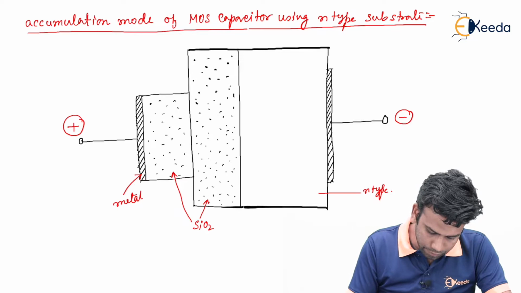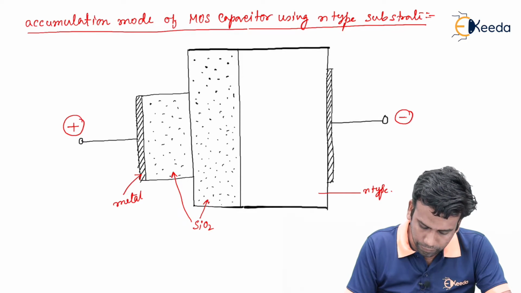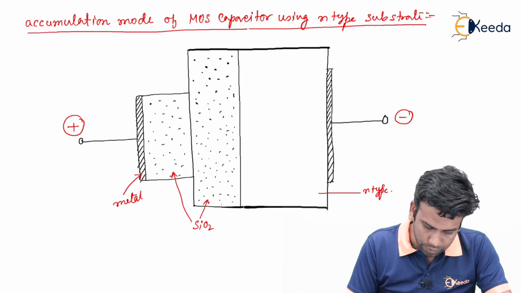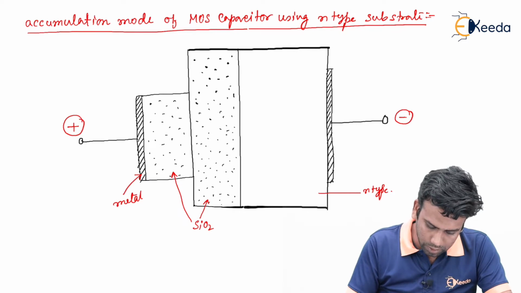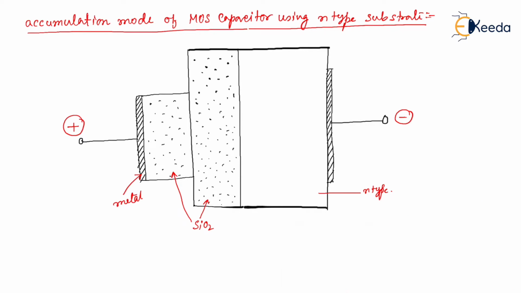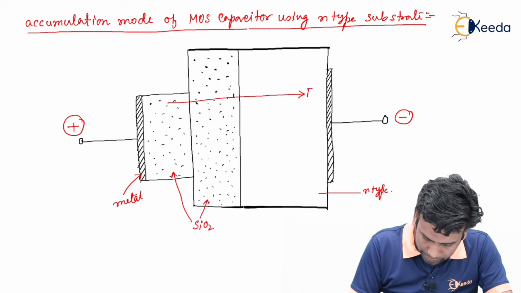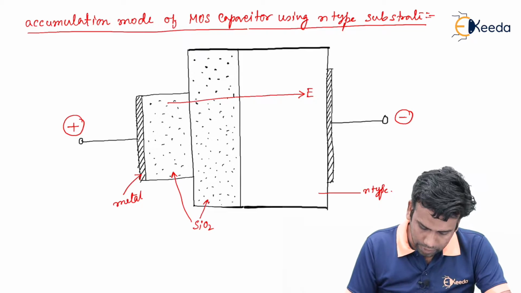For that we have applied this type of potential from the outside. Due to this potential, the electric field will be created from positive polarity to the negative polarity in this direction.